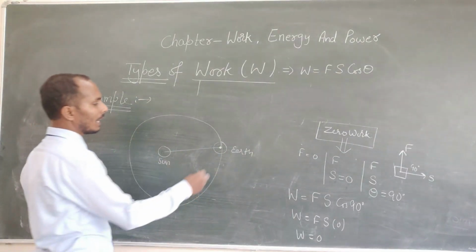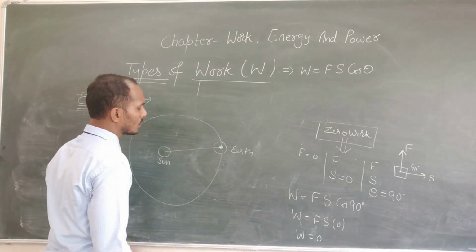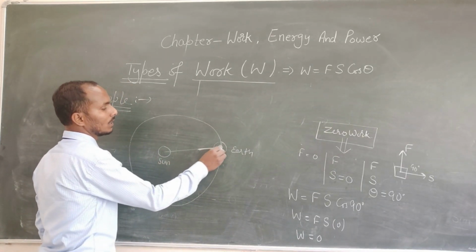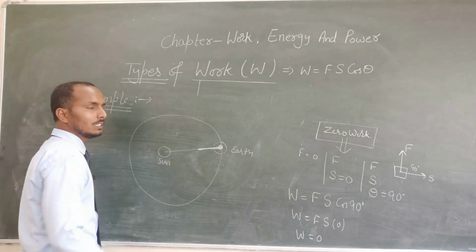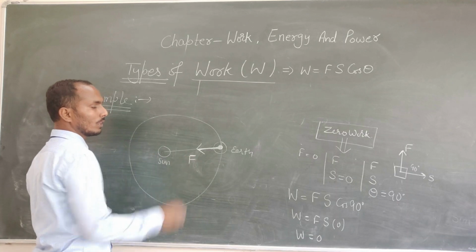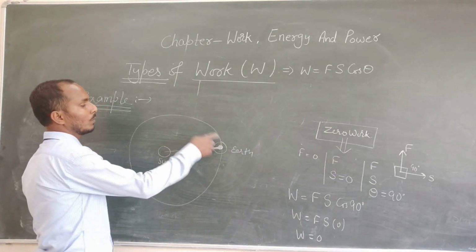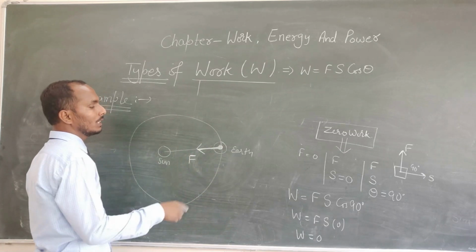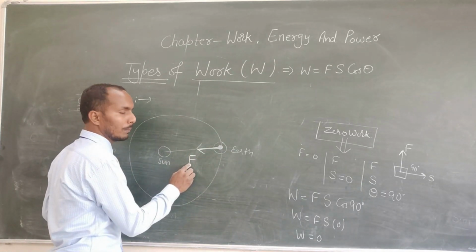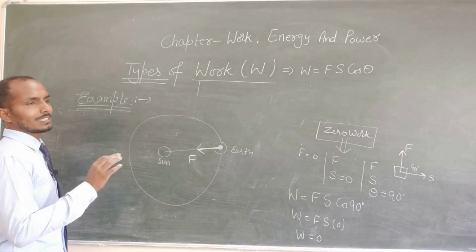Then we know that in circular motion, a force is responsible for it, which is known as centripetal force. When a body is moving in circular motion, a force is responsible for this circular motion, which is centripetal force. Now, talking about the accelerations.